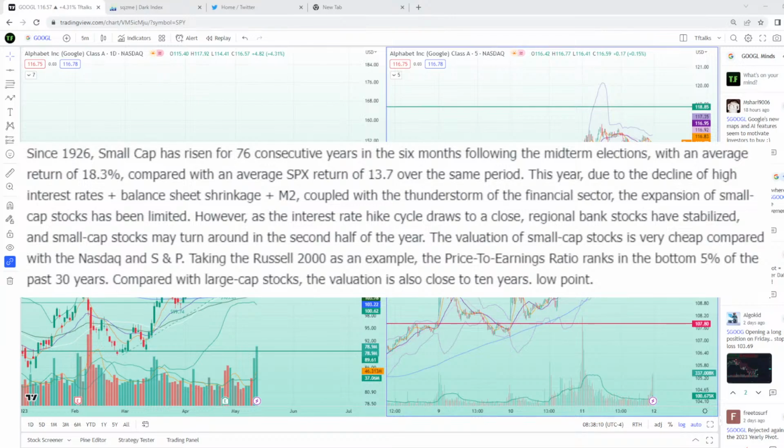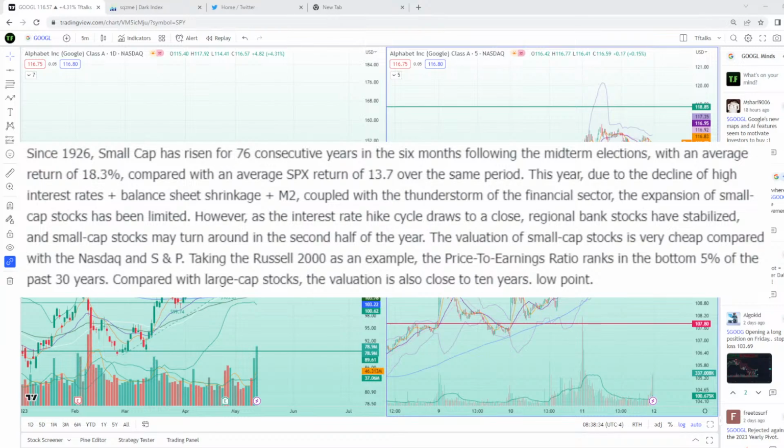There were 76 consecutive years, in the 6 months following the midterm elections, with an average return of 18.3%, compared to the average SPX return of only 13.7. I should add the percentage mark over here, but whatever.